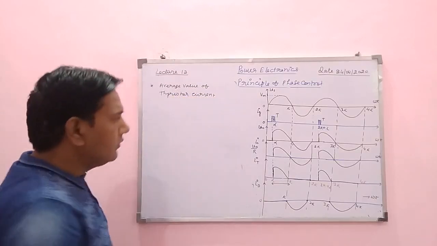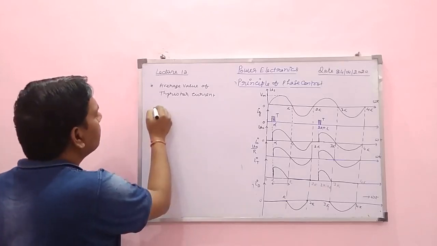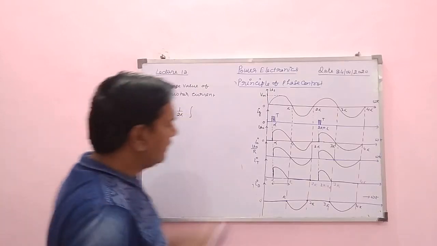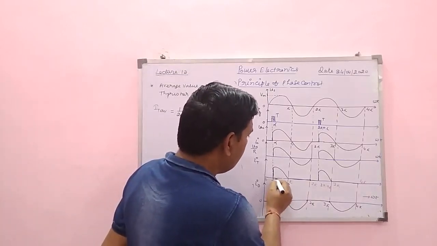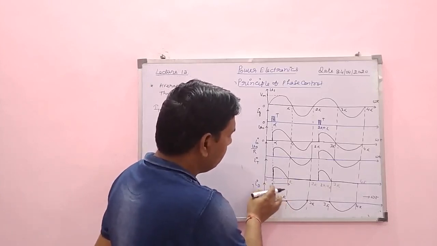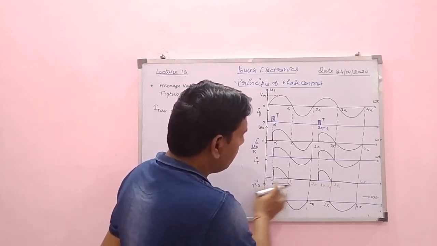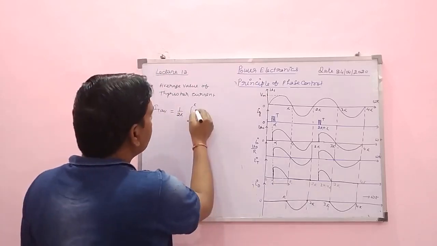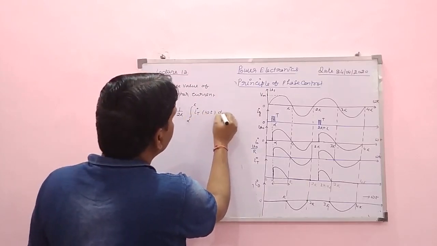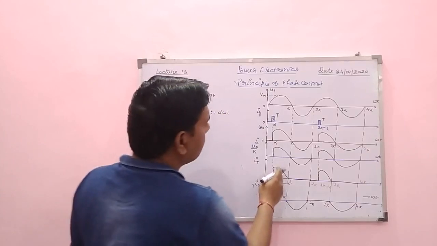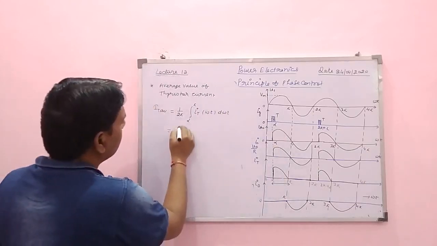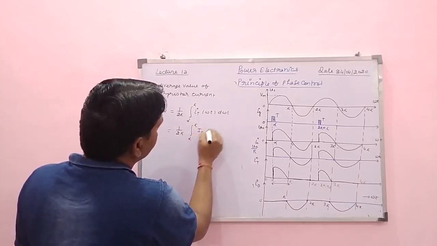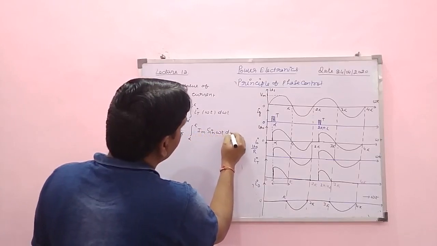The same formula we will use here, that is IT average is equal to 1/2 pi integration of the thyristor current, which we get only from alpha to pi out of the total time period 2 pi. So it will be alpha to pi, I of t as a function of omega t, d omega t, and I of t is nothing but I naught.